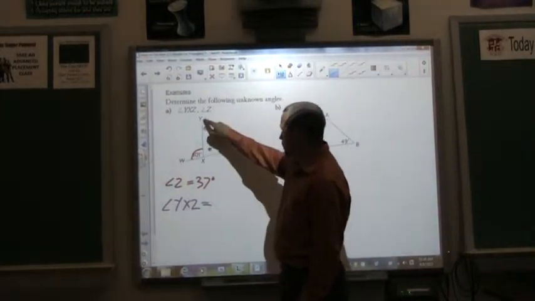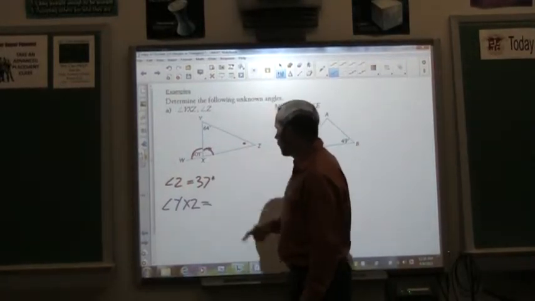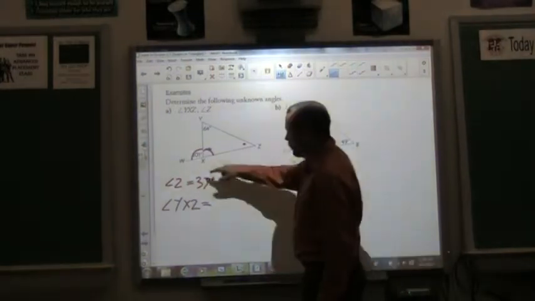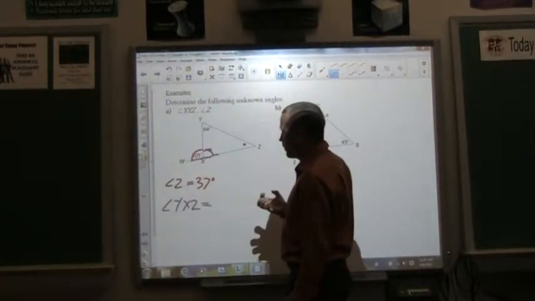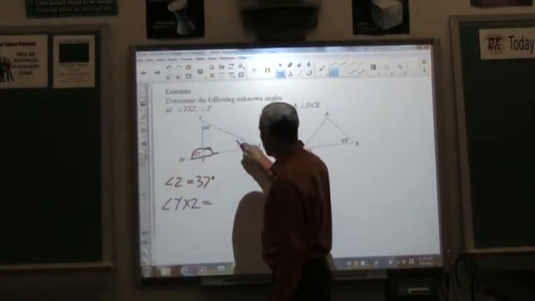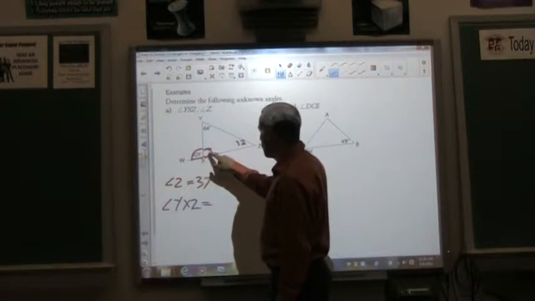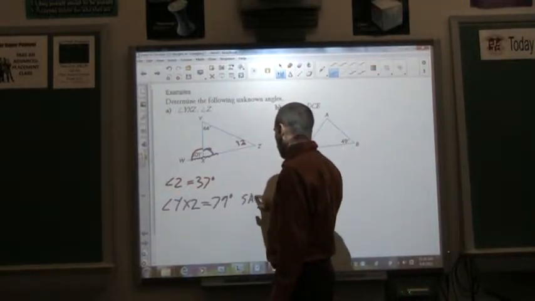So you have to specify that it's YXZ that you're actually referring to this angle right here. We've got a nice straight line right here, so the total is 180 degrees, so that means that, let's just fill this in, this one has to be 79 degrees. I used the supplementary angle theorem for that.